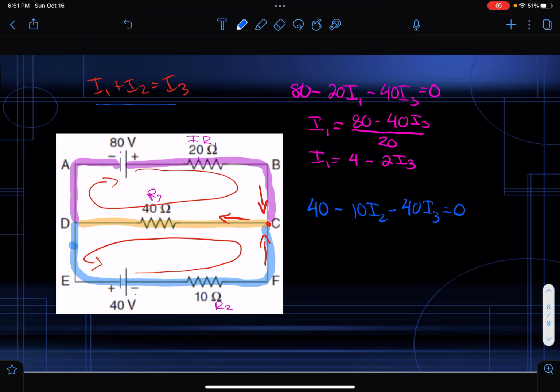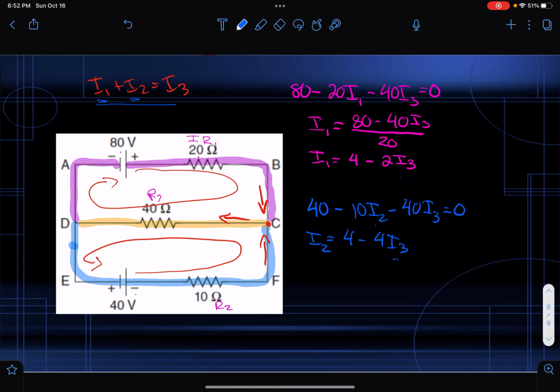Same thing here, I'm going to isolate I2. So my I2 is going to be 40 minus 40 I3, all divided by 10, which gives me 4 minus 4 I3.